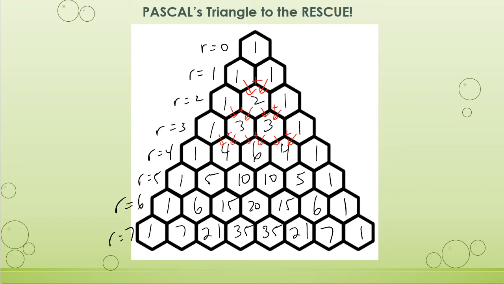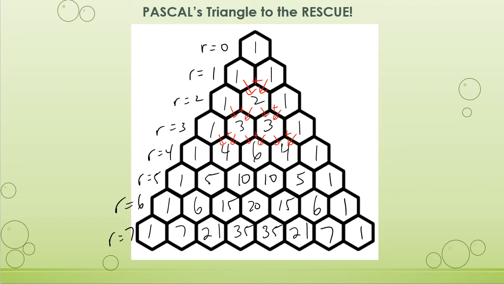This actually gives us the coefficients of the binomial expansion. And then there's a little bit of patterning we do with the exponents that's going to eliminate any need to do any distribution when you get to higher powers like 3, 4, 5, 6, 7. And even though I didn't go to row 8 or 9 or 10, you could add row 8 right now.